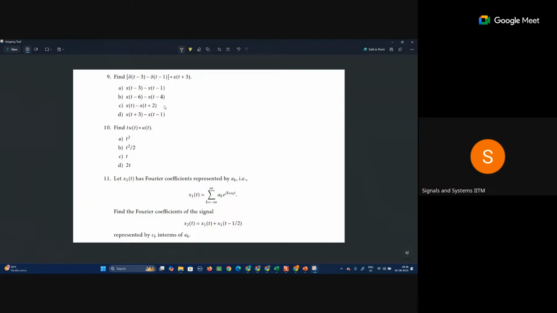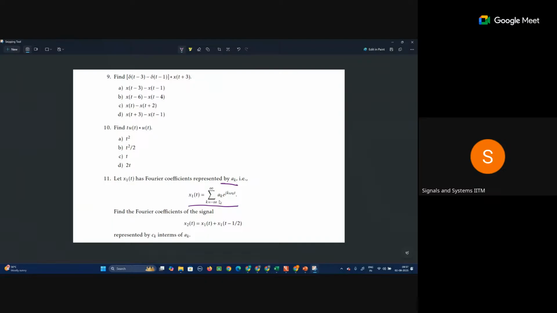Coming to the 11th question, they have given that the Fourier coefficients of x1 of t are represented by ak. According to the Fourier series, any periodic signal can be represented as the sum over k from minus infinity to infinity of ak e power j k omega t.